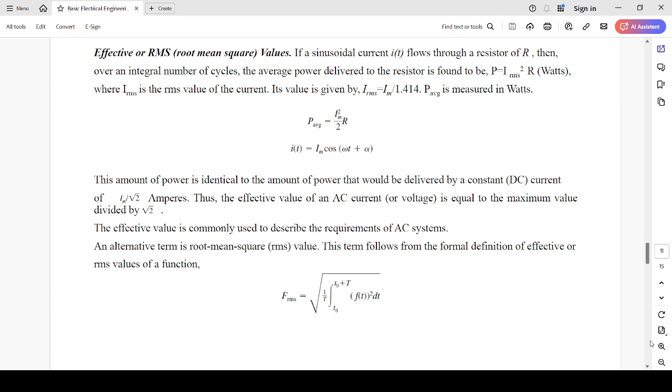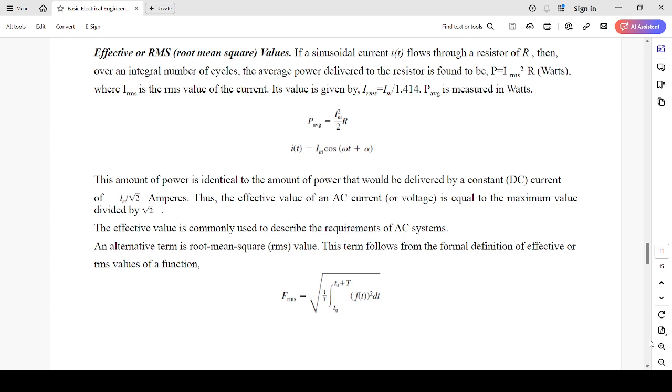In the RMS or AC systems, the average power is estimated to be I square into R, where I is the RMS value, and IRMS is always calculated by the formula Im divided by root 2, where the value of root 2 is 1.414.